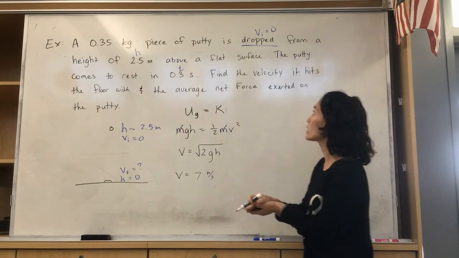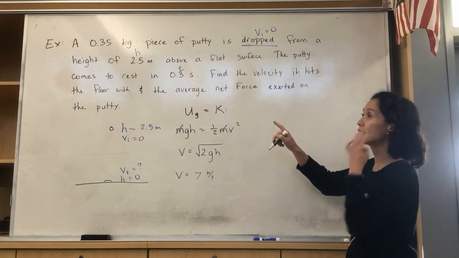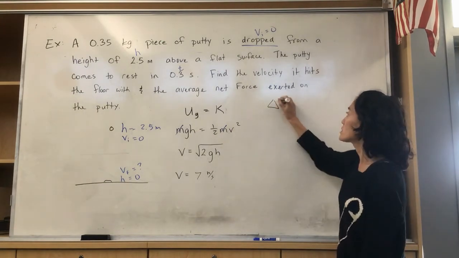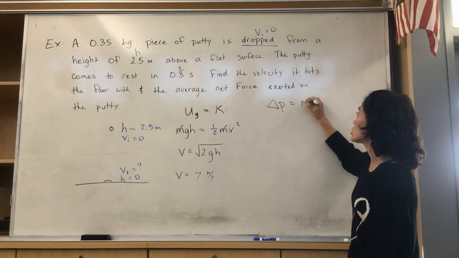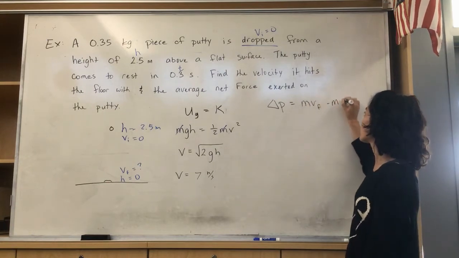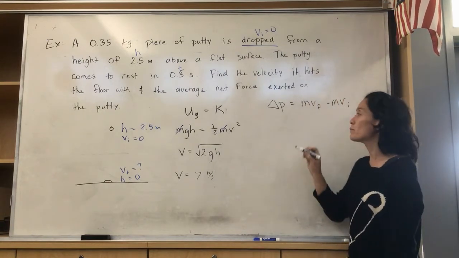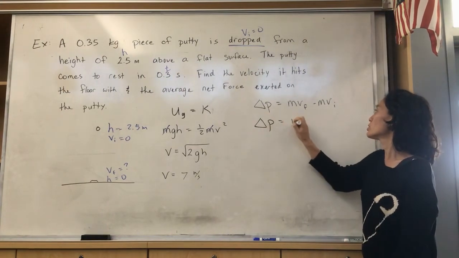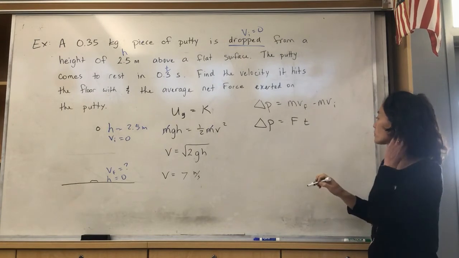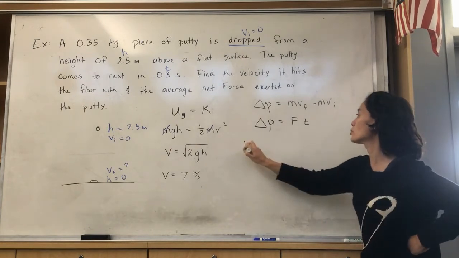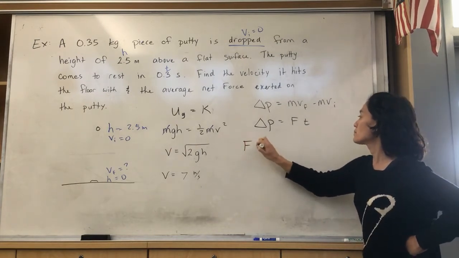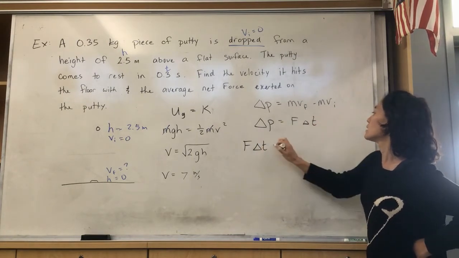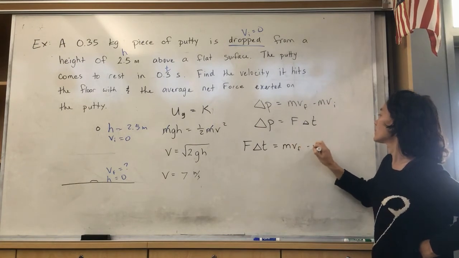That is where we can look at the idea of impulse to figure out the net force exerted on the putty. We know impulse can be equal to a change in momentum, and that impulse can also be equal to force times time. If I set those two equal to each other, I have force times delta t equal to mv final minus mv initial.